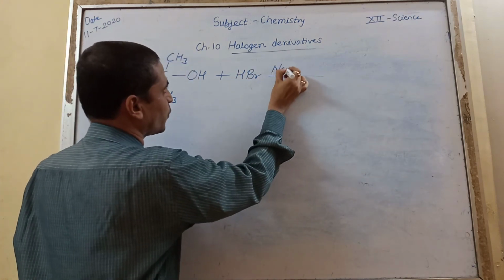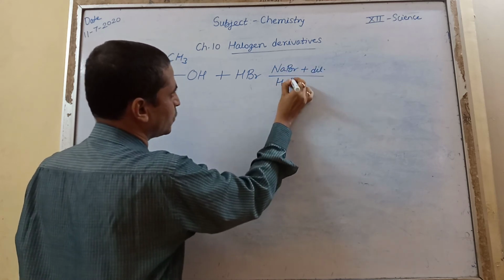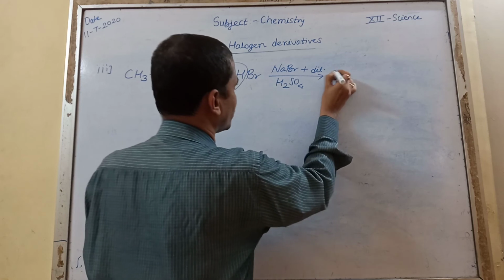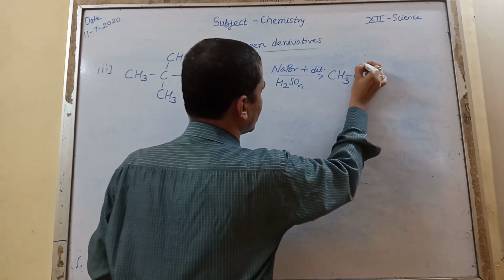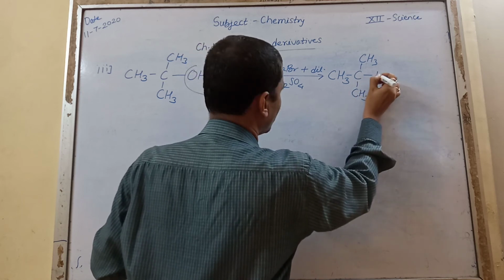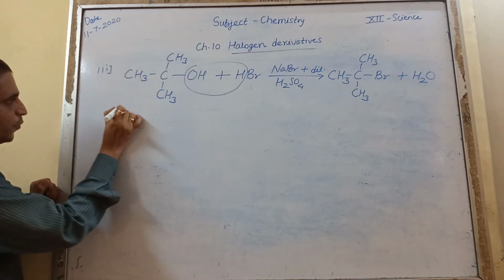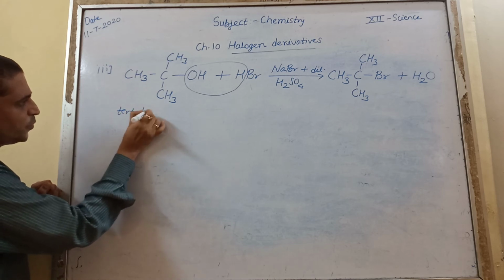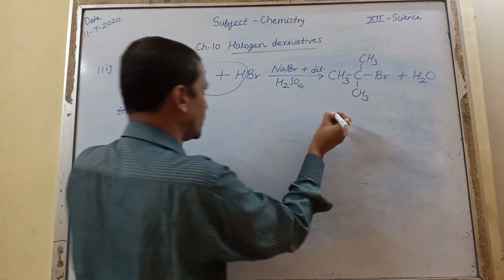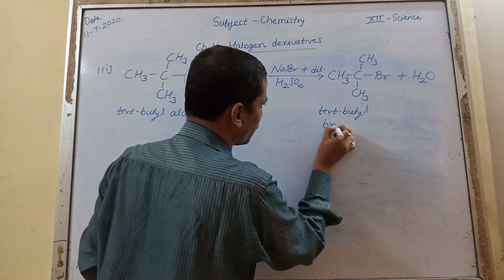Here conditions are NaBr plus dilute sulfuric acid, no heating, no reflux. Simple. Instead of OH put Br, plus H2O. The starting material is tertiary butyl alcohol, and the product is tertiary butyl bromide.